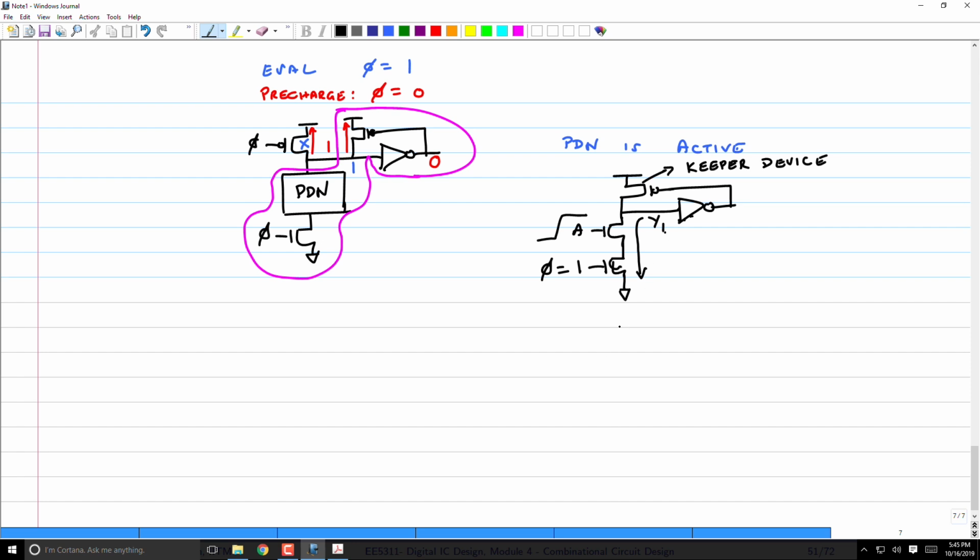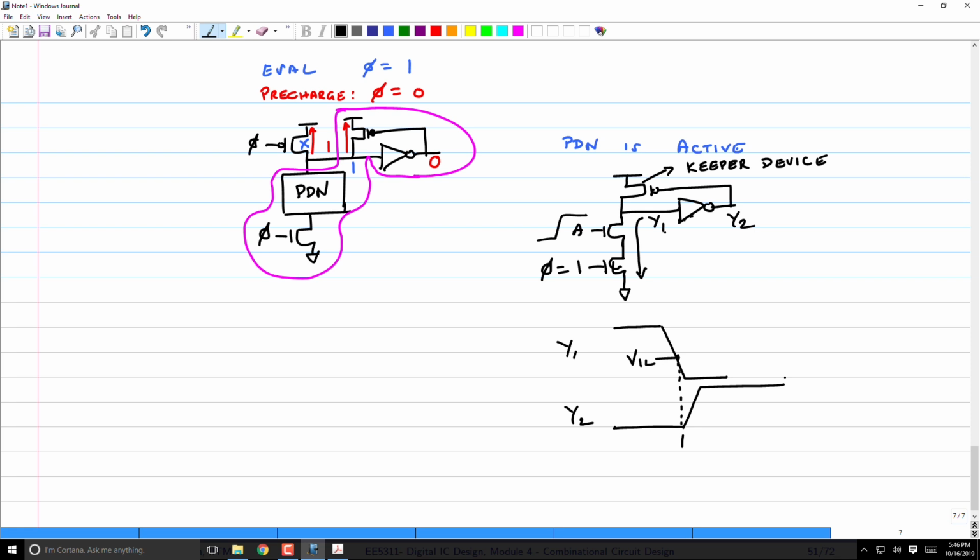So let's say Y1 was like this and it went below some logic level, and let's say this is VIL. At this point, the inverter will trip and the output will go to logic 1. So this is Y1, this is Y2. The moment Y1 crosses VIL, Y2, which was basically 0, will now flip and go to logic high, thereby turning that keeper device off.